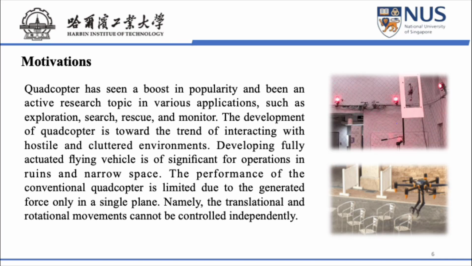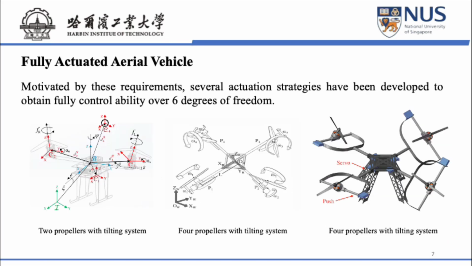The performance of the conventional quadcopter is limited because the generated force is only in a single plane. Namely, this causes the translational and rotational movements to be constrained, and they cannot be controlled independently. Motivated by these requirements, several actuation strategies have been developed to obtain full controllability over 6 degrees of freedom.